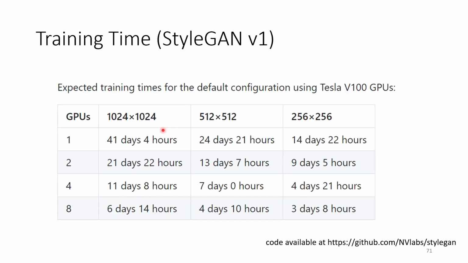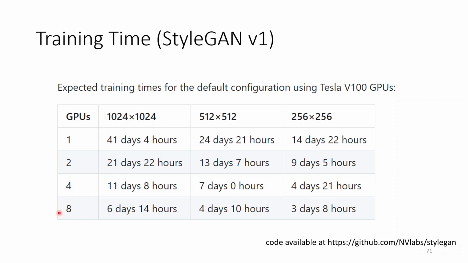And from their GitHub website, you can see that if you use a Tesla V100, the GPU we have in our AI center, and just one GPU, you need 41 days to train the network. It is very, very long.